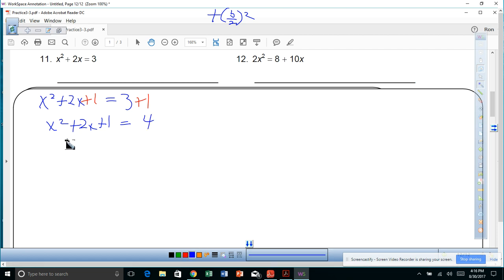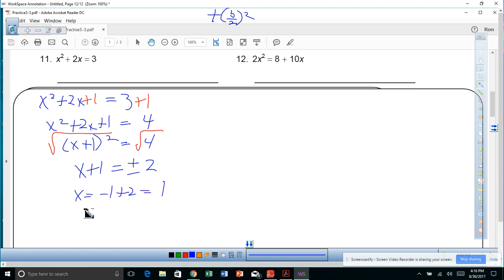Now we can factor that as x plus 1 squared equals 4. We take the square root of both sides. And that gives us x plus 1 equals plus or minus 2. So x equals negative 1 plus 2, which is 1, and x equals negative 1 minus 2, which is negative 3. So we got x equals negative 3, and x equals 1.